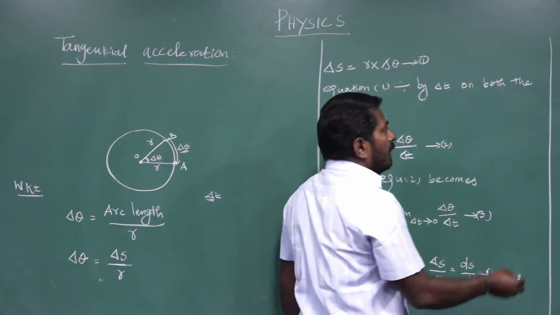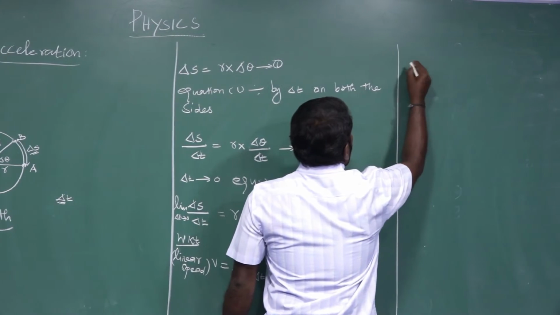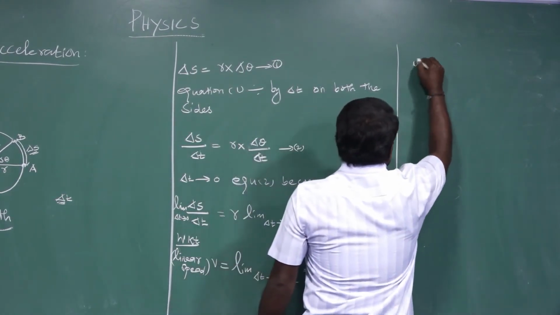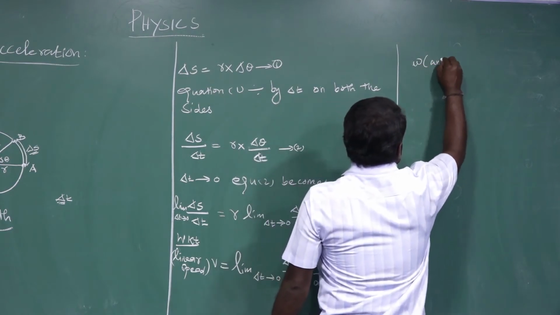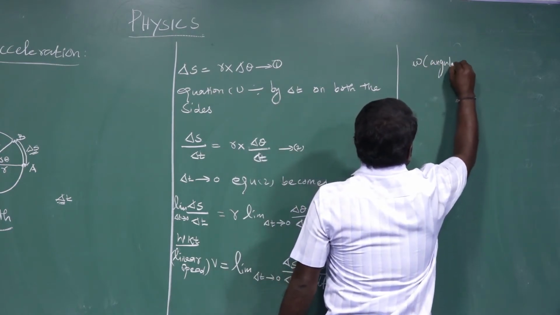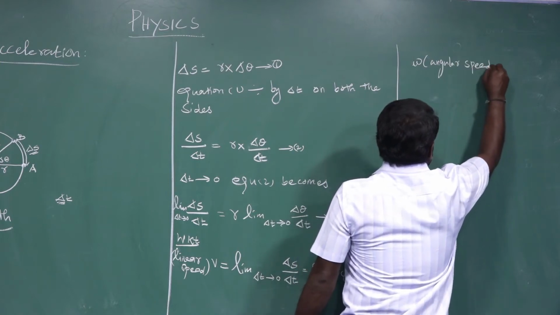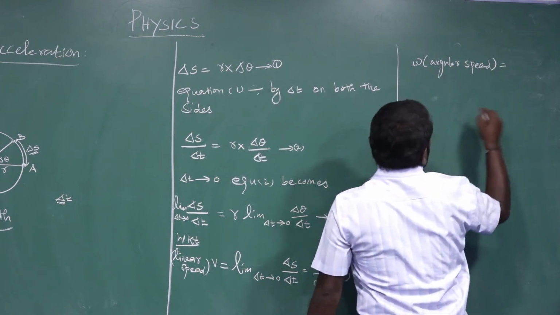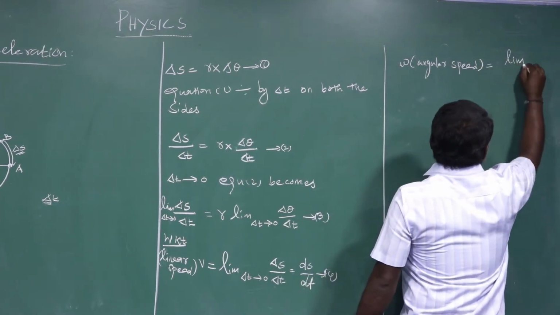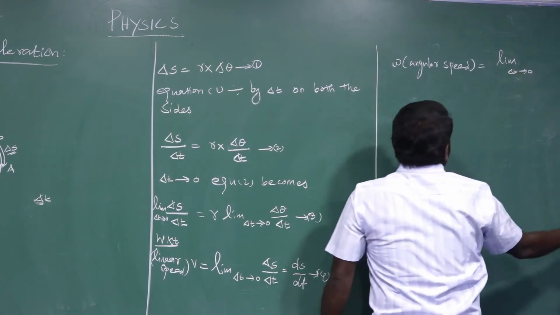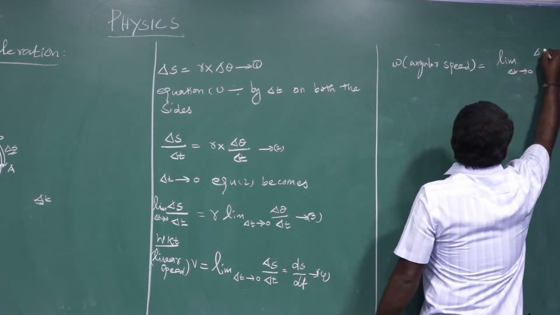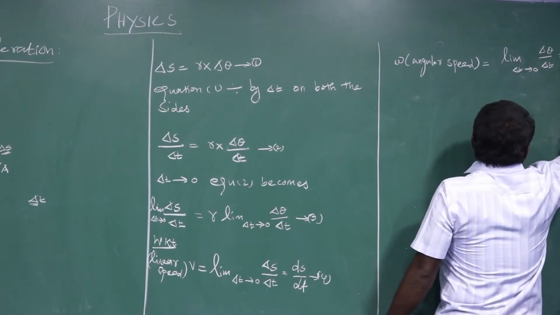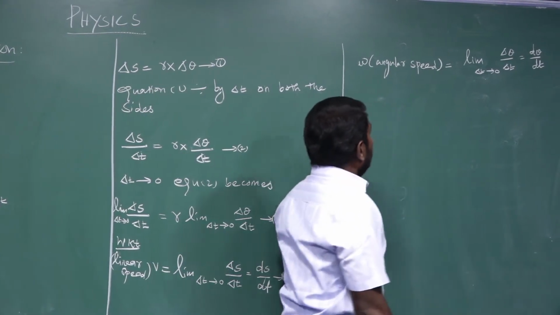Then we know another equation: angular speed, which is omega, equal to limit delta t tends to 0, delta theta divided by delta t, which is equal to d theta divided by dt, equation number 5.